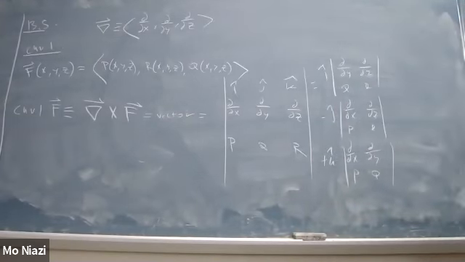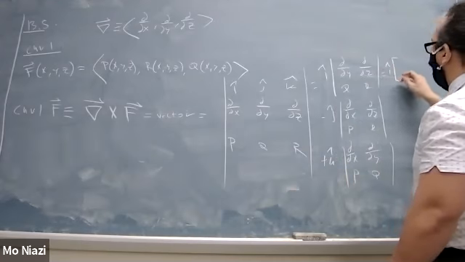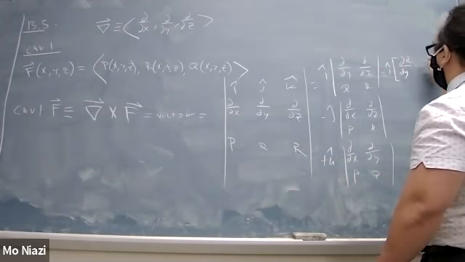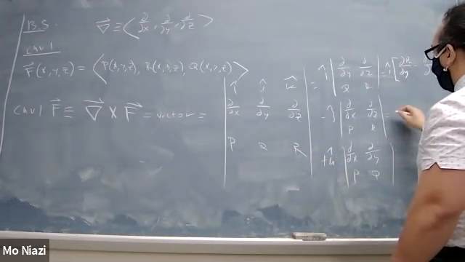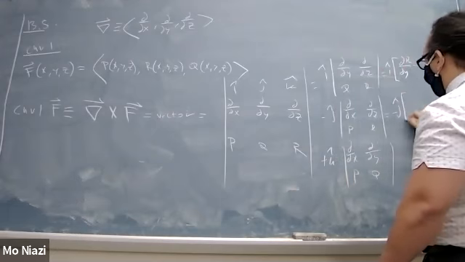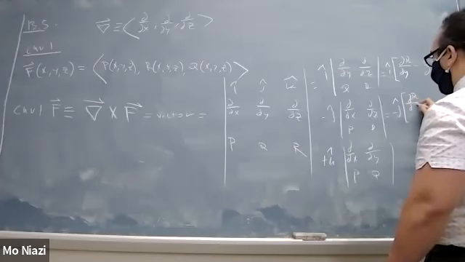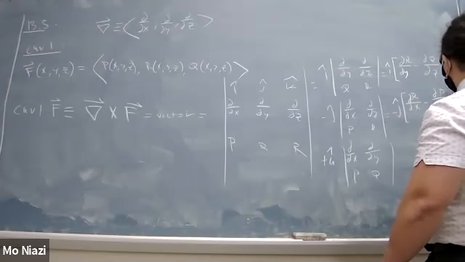All right. This right here ends up becoming i hat times partial R, partial y, minus partial Q, partial z. This becomes minus j hat times partial R, partial x, minus partial P, partial z.